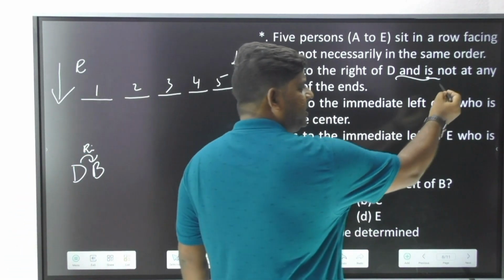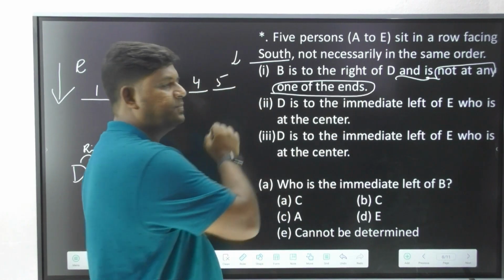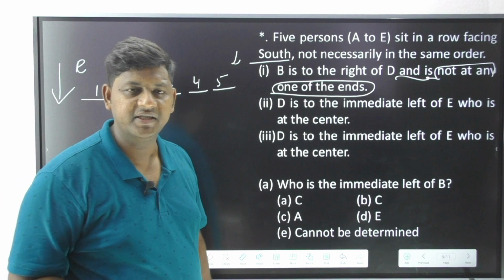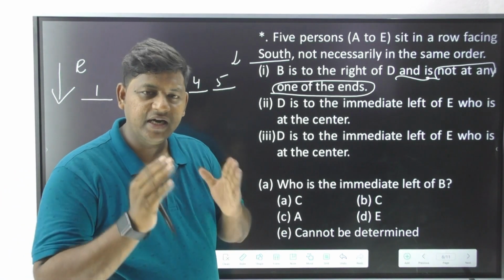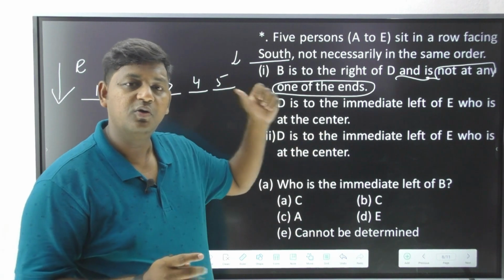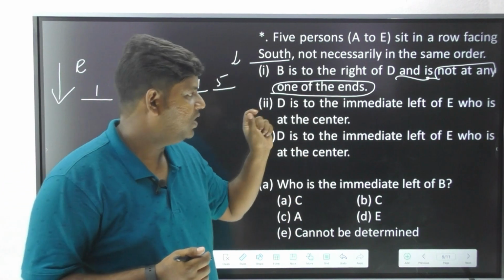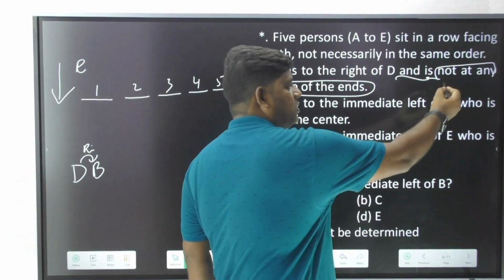So whatever information you observe after the keywords "and" or "but" is related to person number 1, not person number 2. So this information is related to B here.